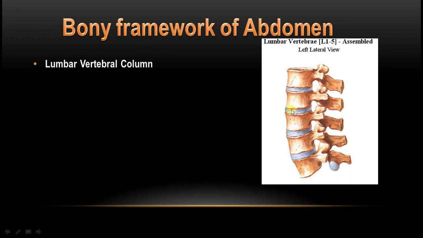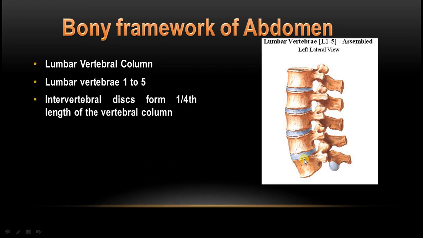They form the lower part of your vertebral column, and you see a curvature, convex anteriorly. This is a secondary curvature, which means not a primary curvature. It develops only after the child starts walking and slowly when weight bearing takes place. In between, you have the intervertebral discs, which are also very thick and contribute to one-fourth of the length of the lumbar part of the vertebral column.